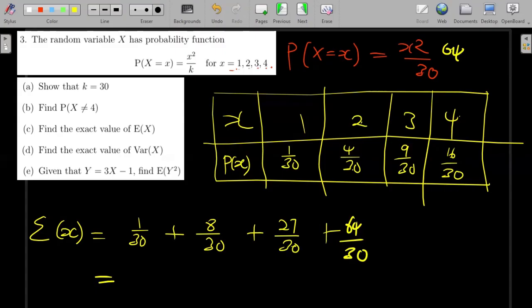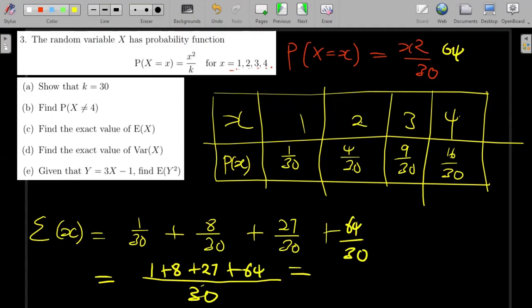That will be the exact value of our expected value of x. So since we have the same denominator there, we can write 30 there. And then since we have the same denominator here, it means on top we're going to have 1 plus 8 plus 27 plus 64. So when we add all these, what are we going to get?